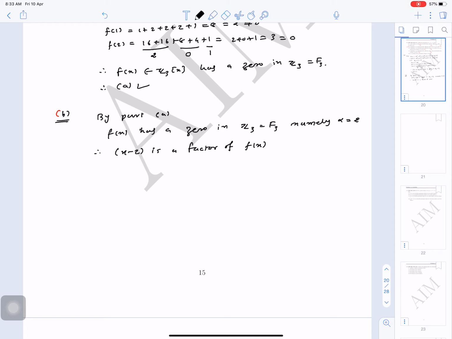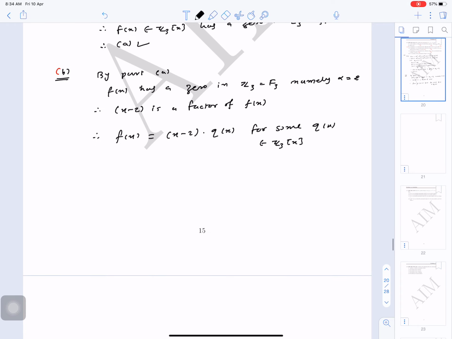So now x minus 2 is a factor of f(x), so therefore f(x) is equal to (x minus 2) times q(x) for some q(x) belonging to Z3[x].